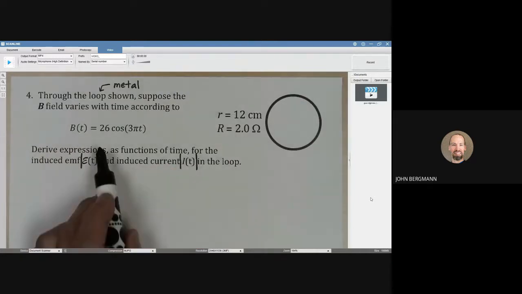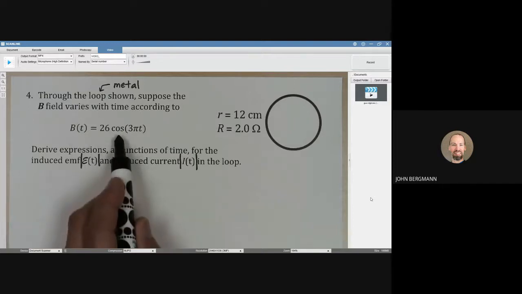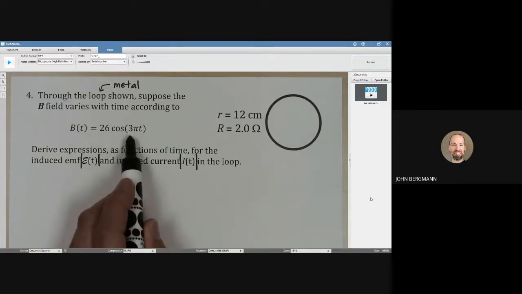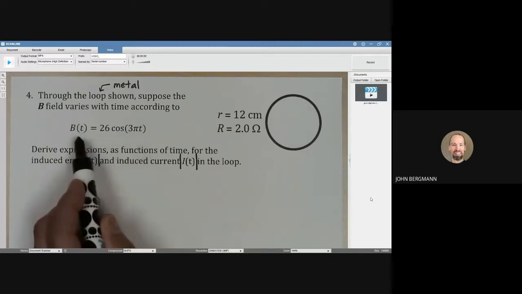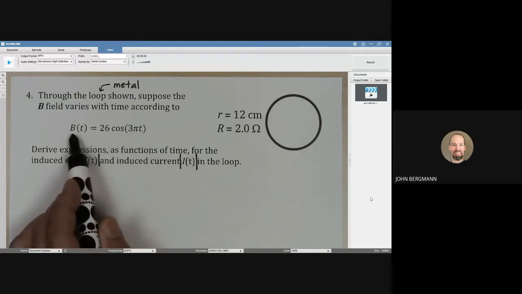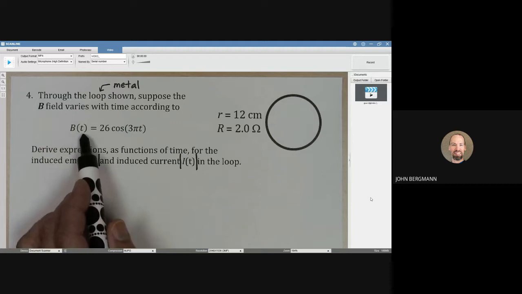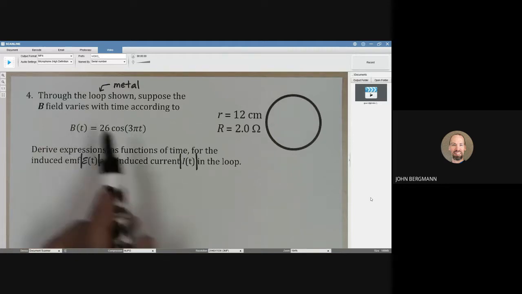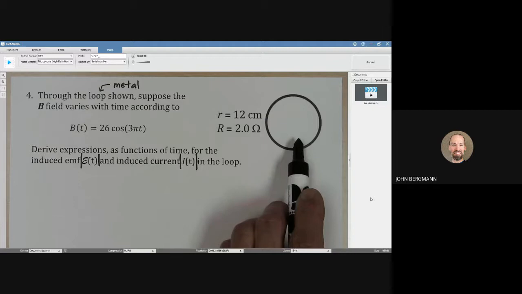What this equation means with magnetic field, you know that the cosine ranges from +1 to -1. And so what would that mean with regard to the magnetic field if, as time goes on, it's becoming negative, or it's becoming positive, and then negative again, and then positive? It just means that the direction of the field is changing.